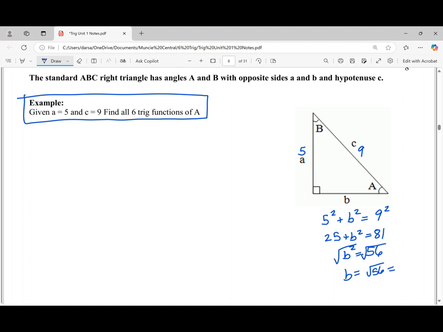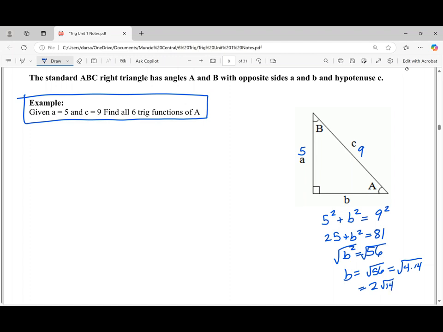And then we need to think, can we break down this square root of 56 into a better square root? Well, yeah, actually 56, that's 4 times 14. So square root of 56 is actually 2 square root of 14.